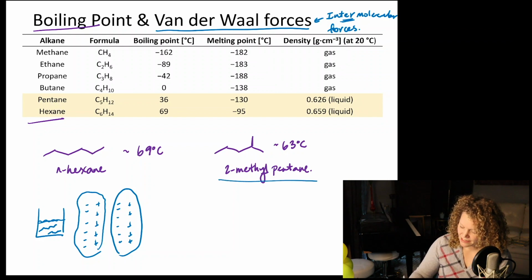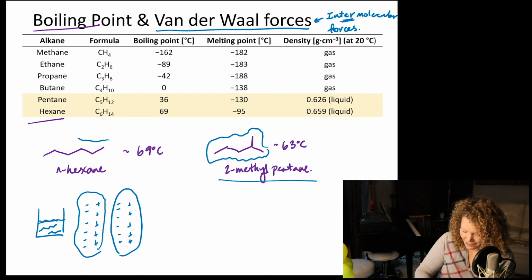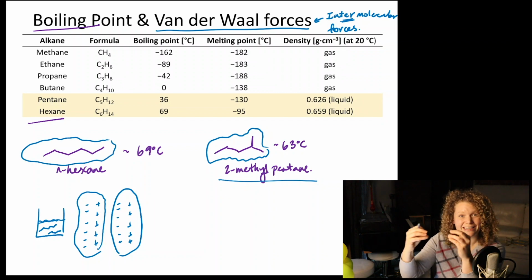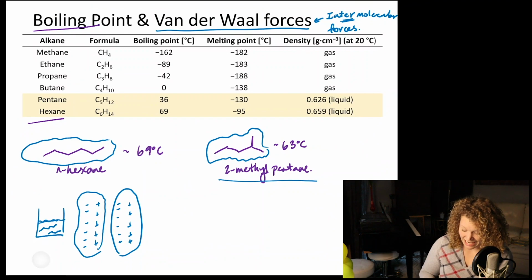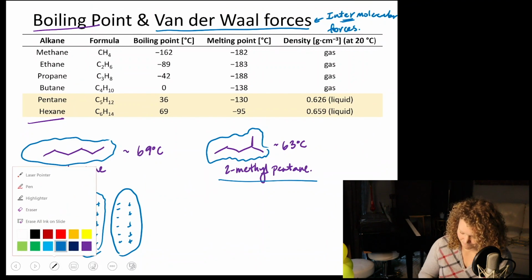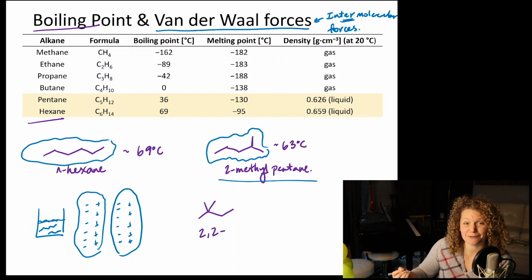That's because the surface area for this 2-methylpentane is smaller than n-hexane, which is in a nice linear form. And I can show you this with other examples of constitutional isomers of hexane. Let's draw another one. Here I have 2,2-dimethylbutane.